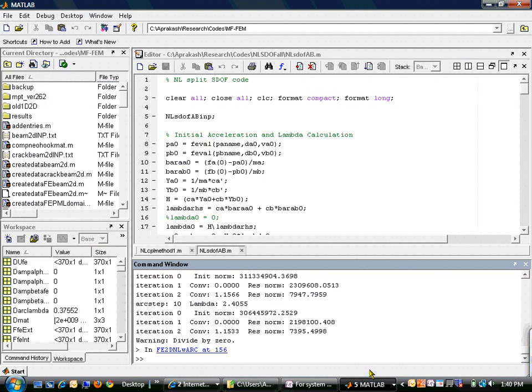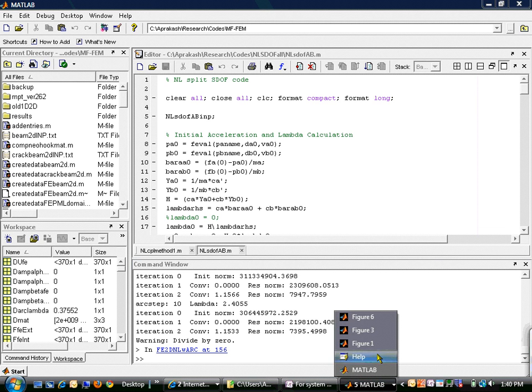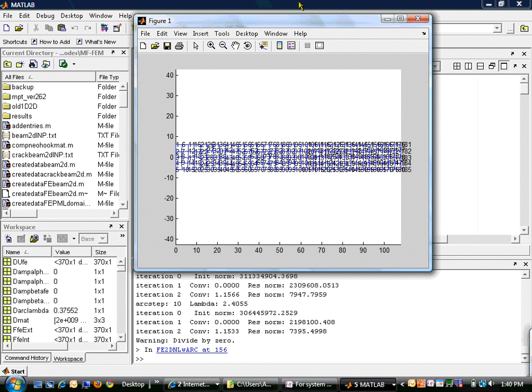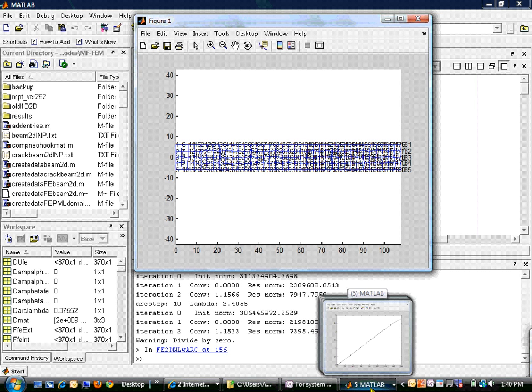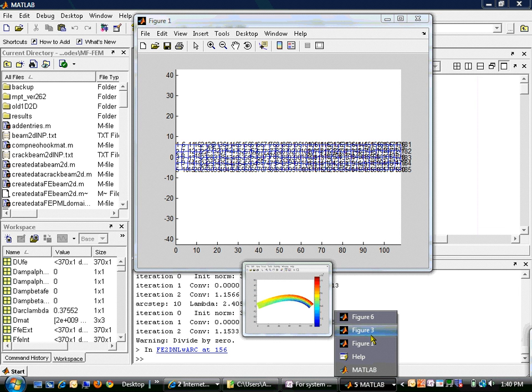Just to give you an example, last time we weren't able to run this, so hopefully today we'll get to do that. The idea is that this is a cantilever beam. It is not fixed. It is attached to a soft spring on the left end, and we are applying a bending moment here on the right end. And we are going to apply that bending moment in small steps, just like the Riks method.